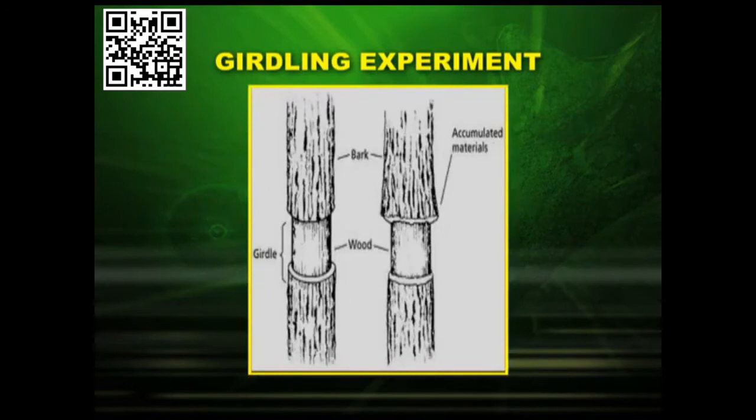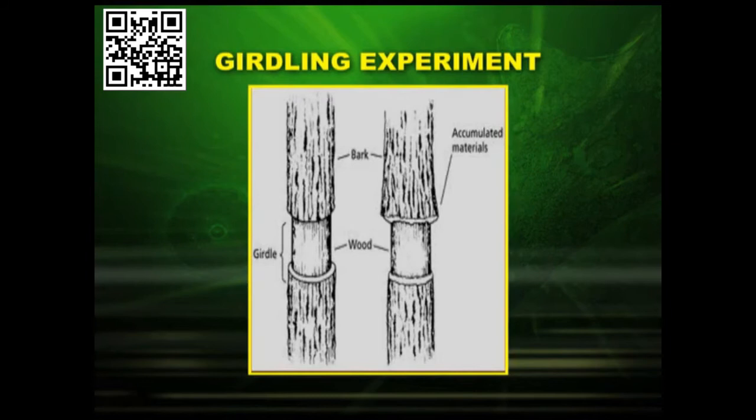Look into the picture. In this girdling experiment, what do you observe? You observe the accumulation of food material just above the ring, and the roots die out. In the following figure, you see the girdle, the bark which is removed, and here the accumulated materials.